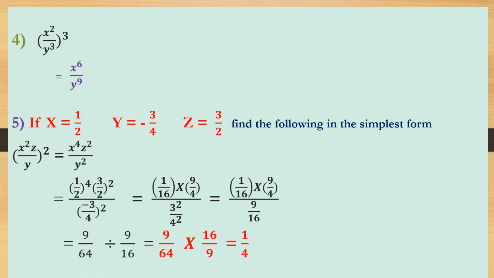The last form will be 9 over 64 divided by 9 over 16. By dividing these numbers together, we change the division sign to the multiplication sign, and also write the multiplicative inverse of the number after the division sign, so it will be 9 over 64 times 16 over 9, which is equal to 1 over 4 in the simplest form.